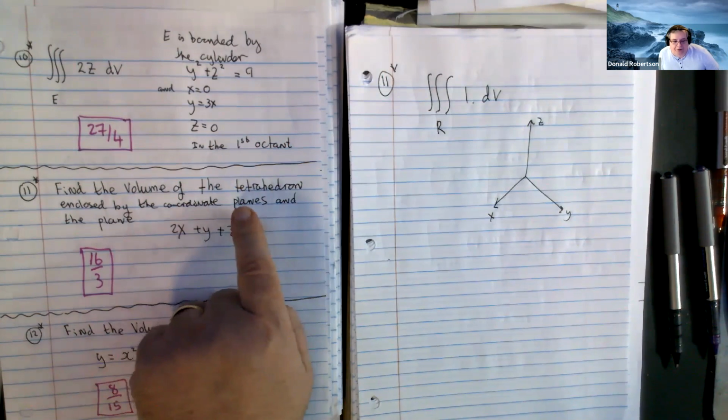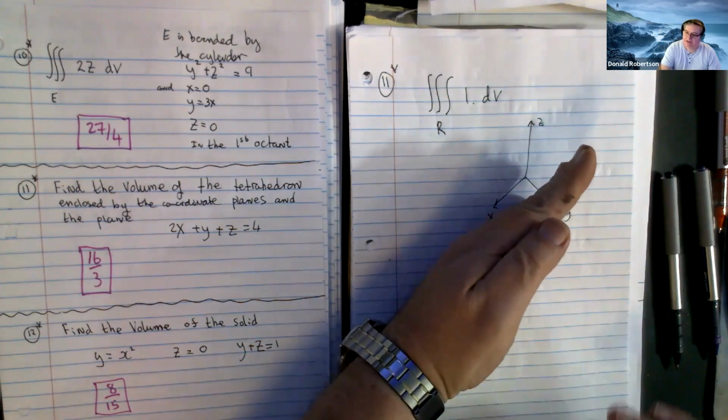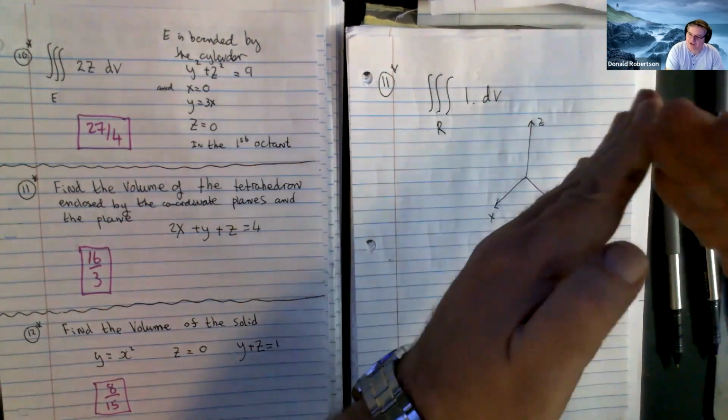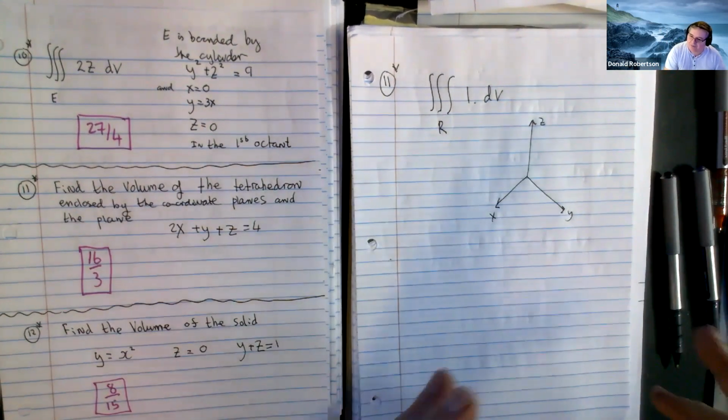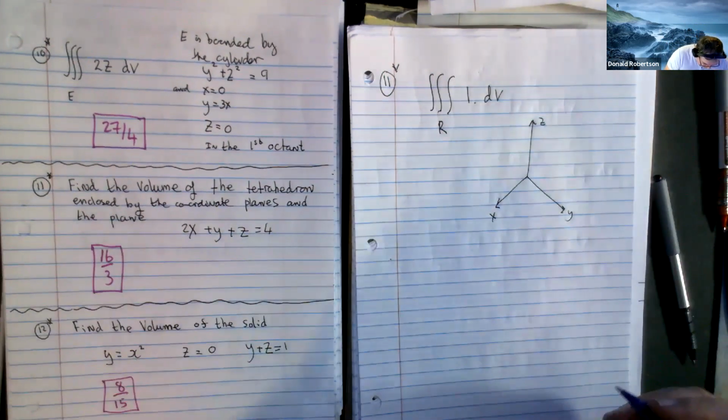If it's enclosed by the coordinate planes, that's just a fancy way of saying it's in the first octant. The XY plane, the floor, and the side, you stick them all together, and you've hammered the thing into a quarter. In this case, it's in the first octant.